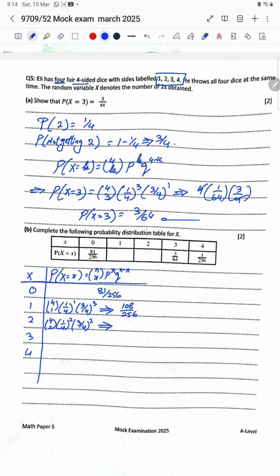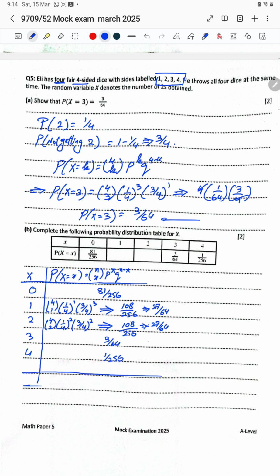So it will be calculated as 108 by 256, or you can simplify it as 27 by 64. And the rest are given to you, that is 3 by 64 and 1 by 256.